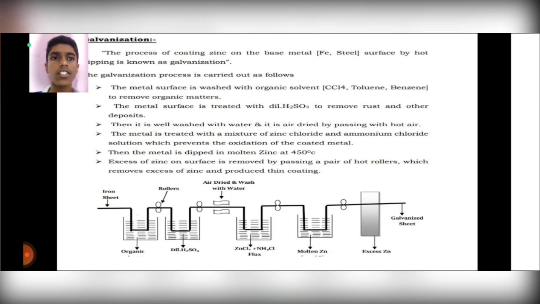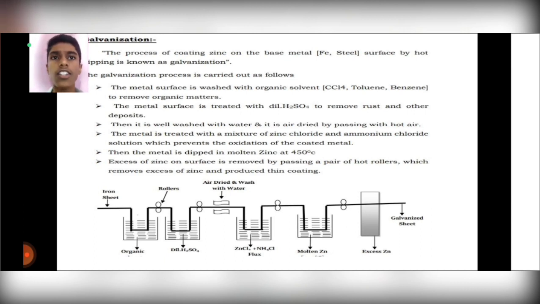The metal surface is treated with dilute H2SO4 to remove rust and other deposits. Then it is well washed with water and air dried by passing hot air. The metal is treated with a mixture of zinc chloride and ammonium chloride solution, which prevents oxidation of the coated metal. Then the metal is dipped in molten zinc at 450 degrees Celsius. Excess zinc on the surface is removed by passing through a pair of hot rollers, which removes the excess zinc and produces a thin coating.